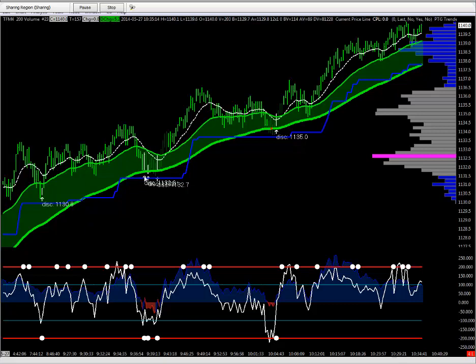On the pullback here, as price is coming down into the fair value zone, what we want to be anticipating, and again, we don't want to be buying on the way down. What we want to be doing is buying that right side pivot rule.